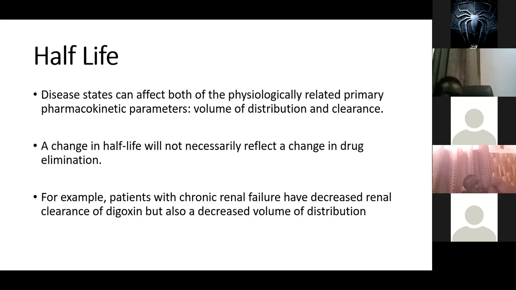In this case, you may need to adjust the dosing of the medication so that it will not become toxic, because the kidney has a problem, so it's not able to clear the medication as quickly as it should. So, for example, patients with chronic renal failure have decreased renal clearance of the drug digoxin, and they also have a decreased volume of distribution.